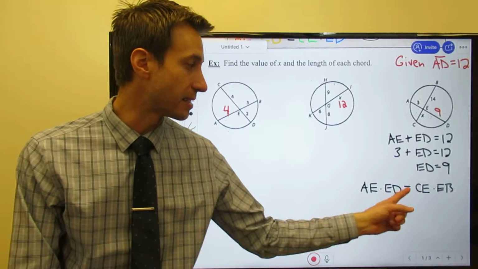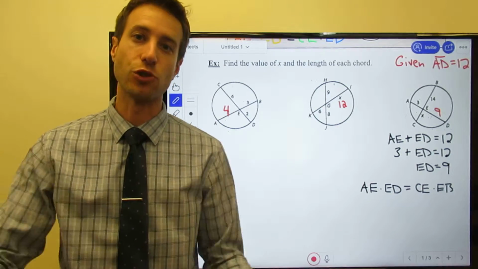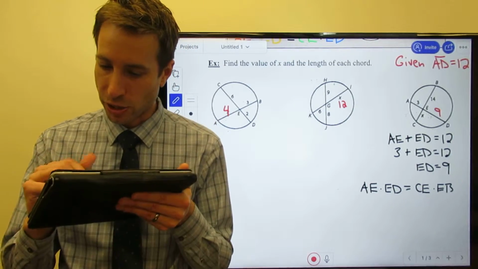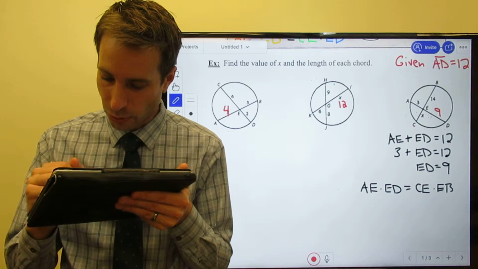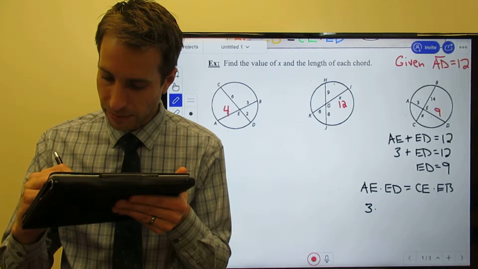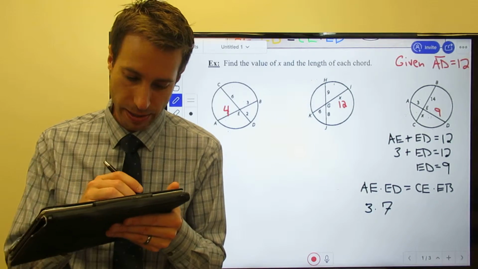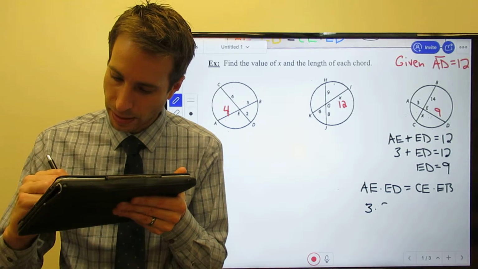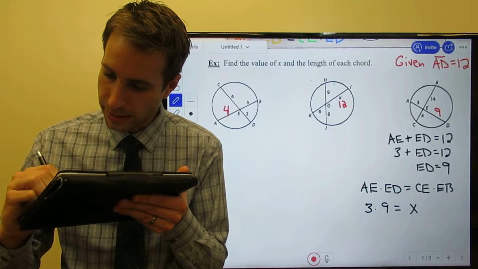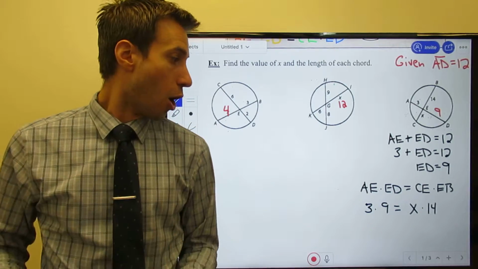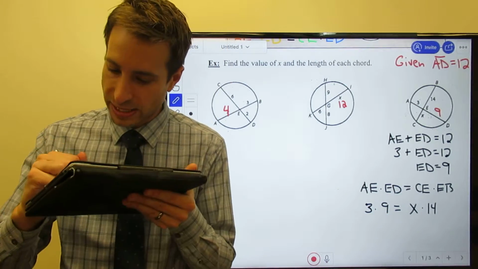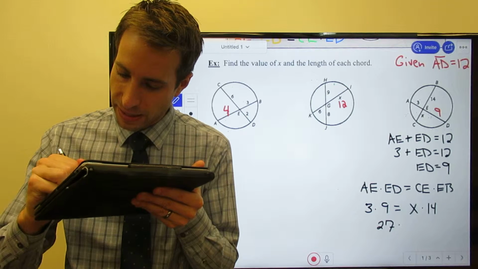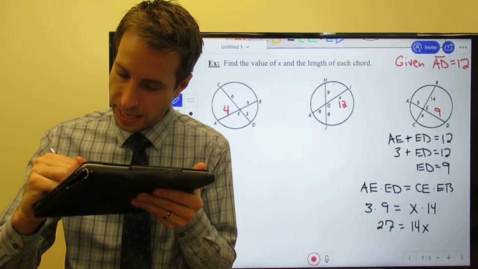The theorem says they have to be equal. That's the geometry. At this point, plug and chug. 3 times 9, my bad, is equal to x times 14. 3 times 9 is 27, so we get 27 equals 14x.